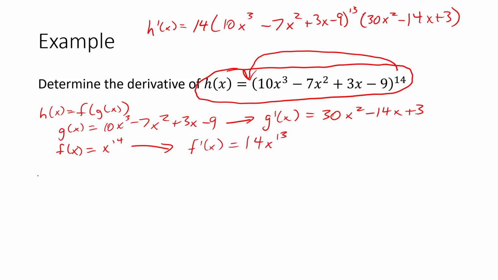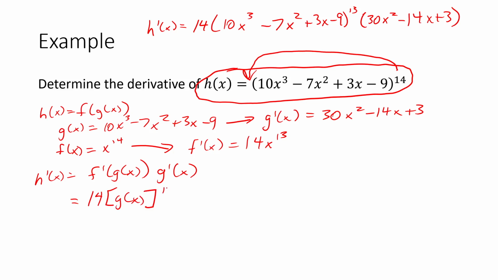So now we can say that h prime of x will be f prime of g of x times g prime of x. Well, we know that f prime of x is 14x to the 13, so we can say f prime of g of x is 14 times g of x to the 13. We know that g prime of x is 30x squared minus 14x plus 3.